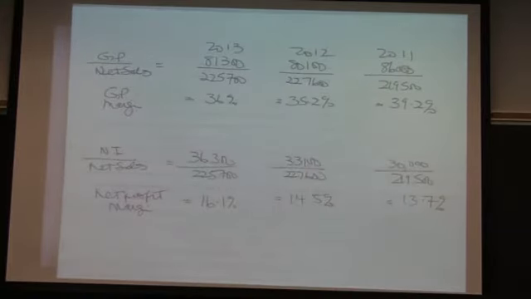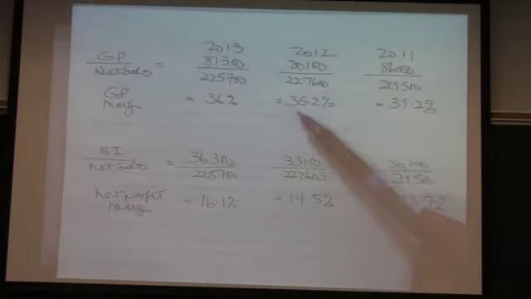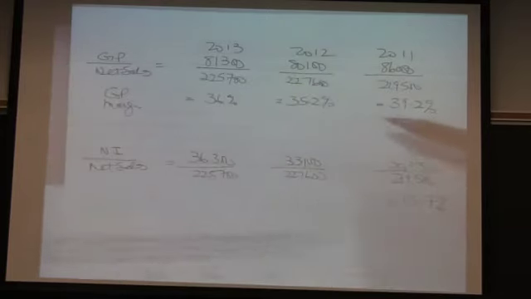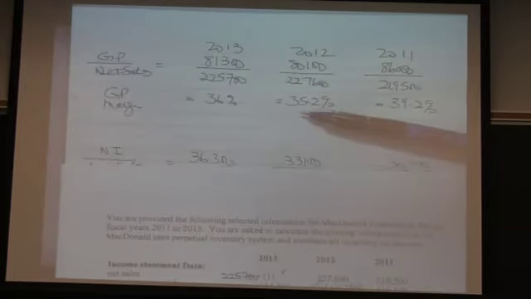So that means that if gross profit went down, the cost of goods sold must have increased as a percentage of sales. The increase in cost of goods sold was much higher than the increase in sales, resulting in a lower gross profit percentage.